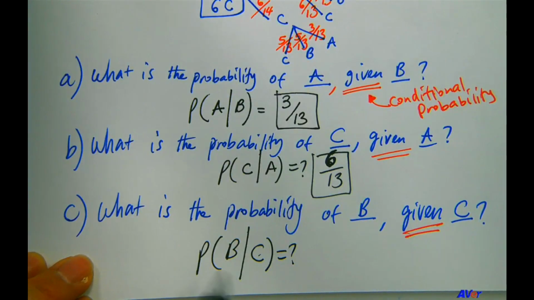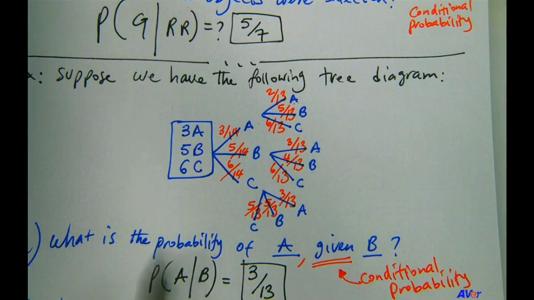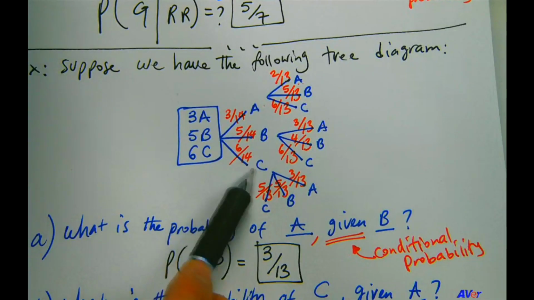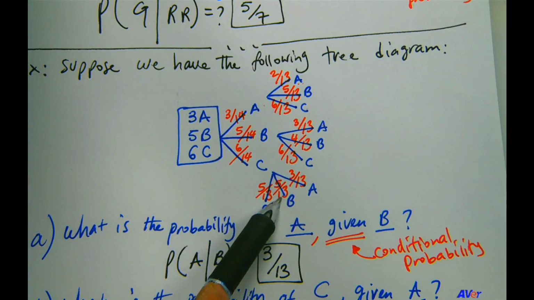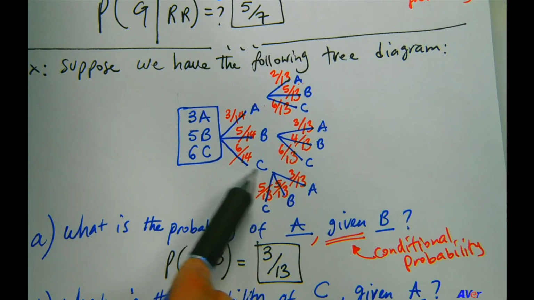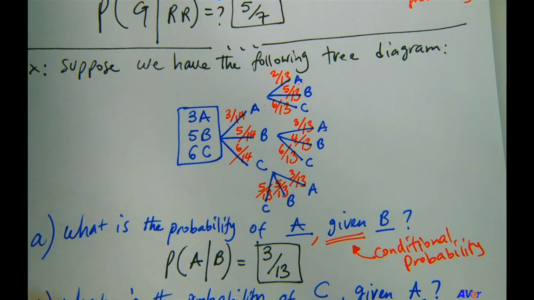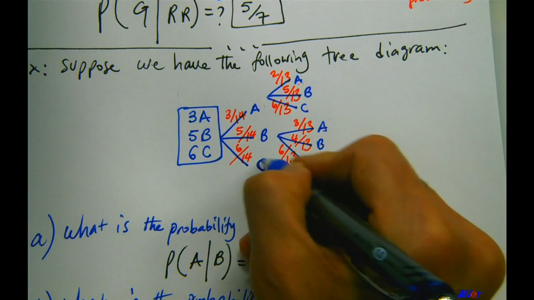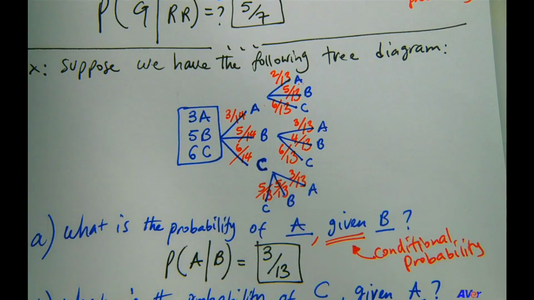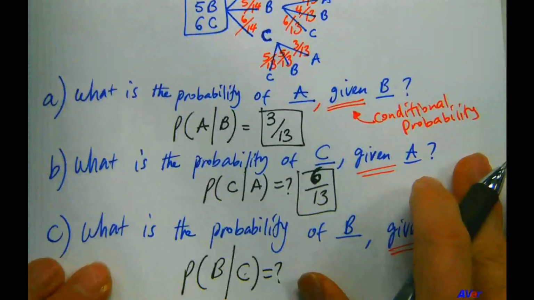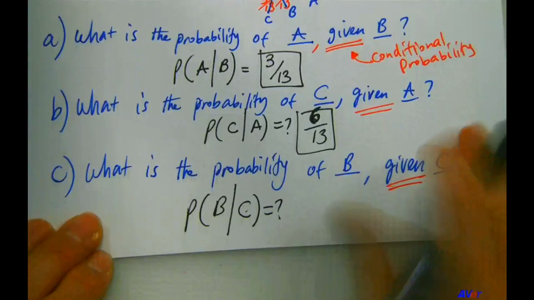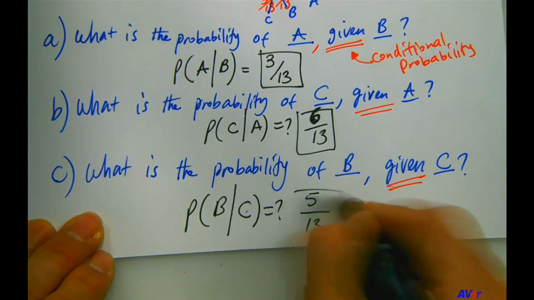Probability of getting a B if we know C has already been picked. So C has already been picked, that's that, and probability of B, that's 5 over 13, right? Probability of B given that C has already been picked. This is C. Okay, so that's 5 over 13.